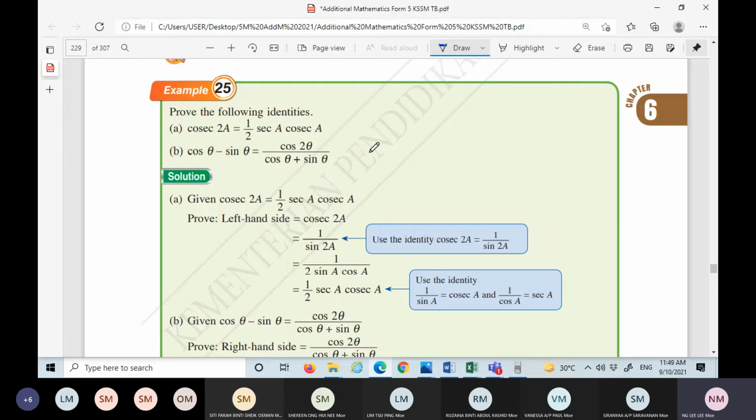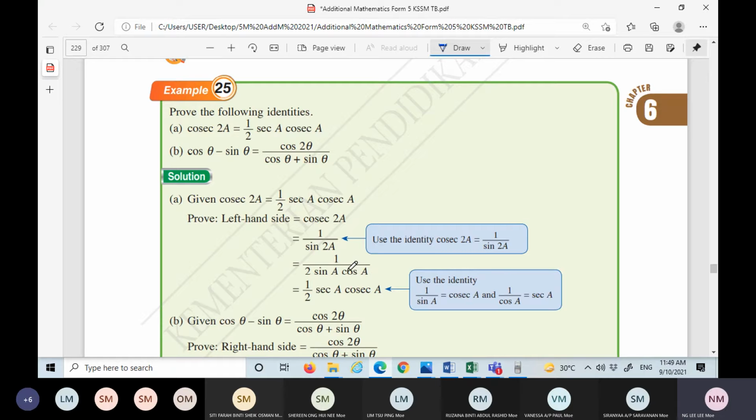They start from the left hand side. Cosecant 2A, they change it to the reciprocal of sine, so 1 over sine 2A. Sine 2A is 2 sine A cos A; this one uses the double angle formula.